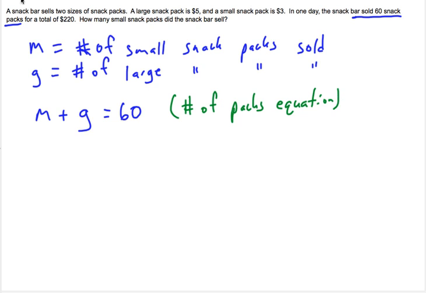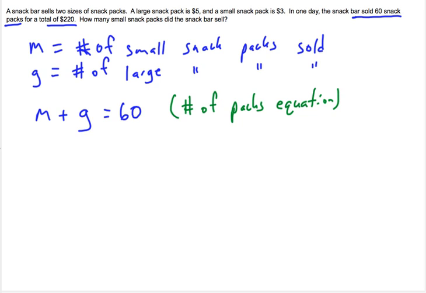Okay. We also know something about money, right? So we know that we made $220. Well, you make money by selling snack packs. The amount of money we make from selling small snack packs is $3 per snack pack. So if we sell one, we make 3.